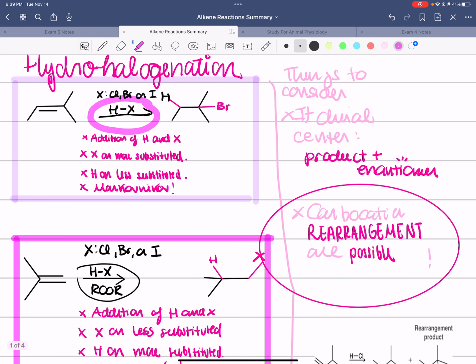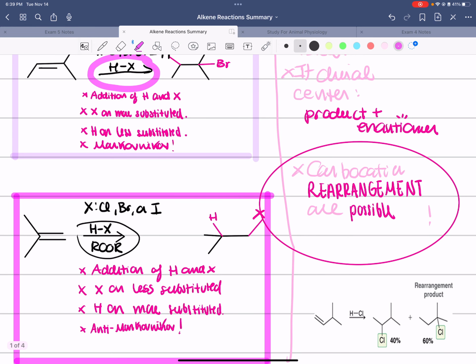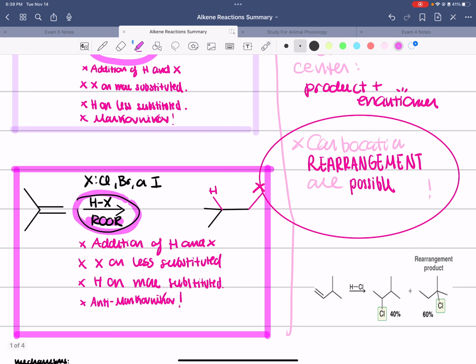But when we're given an arrow with a hydrogen and an X but with peroxides, which is ROOR, it's gonna be an anti-Markovnikov reaction, meaning that we're still adding a hydrogen and an X, but the X goes on the least substituted carbon and the hydrogen on the more substituted one.